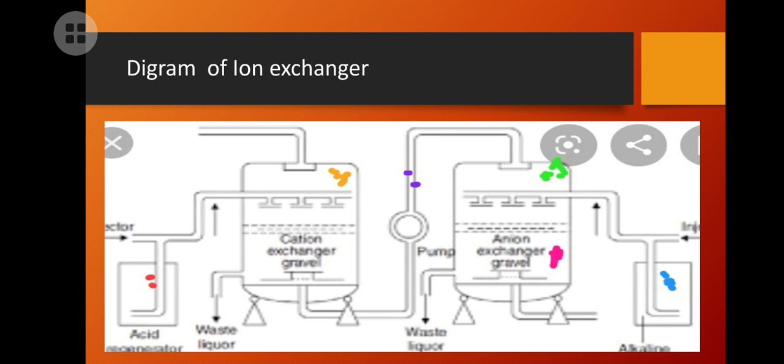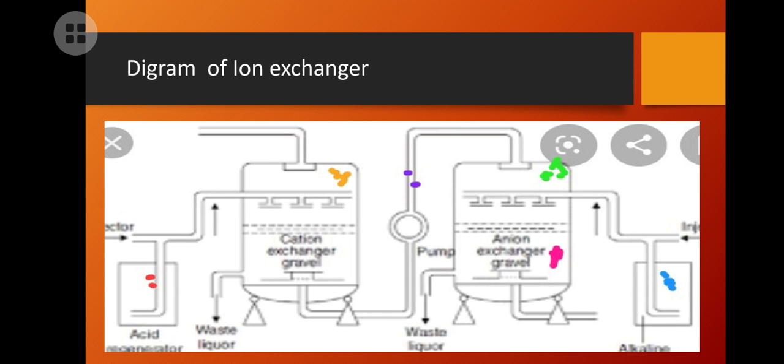Now this softening reaction will continue for some time. After some time, the exchanger will become contaminated, so the reaction has to be stopped. Now in the cation exchanger, HCl has to be pumped.